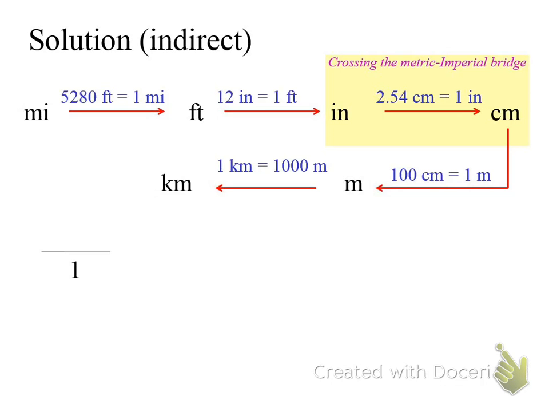So just like we did before, the thing we want to convert is going to be our first term, that 120. miles with 3 sig figs. Don't forget the decimal after the 0. Then we want miles to cancel, so we'll go 5,280 feet over 1 mile. Then we want feet to cancel, so we'll go 12 inches over 1 foot.